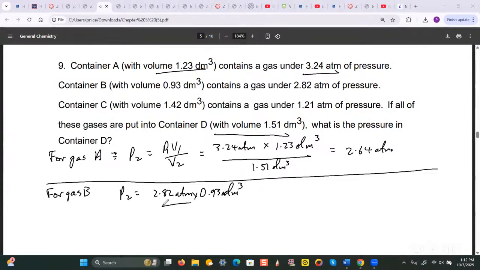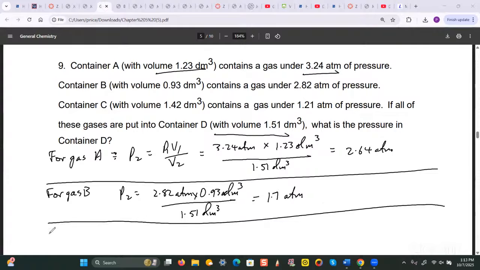And then what is V2? 1.51 dm³. So let's see what this gives. 2.82 times 0.93 and then divided by 1.51. This would have to be rounded to two sig figs, so that would be 1.7 atmospheres. Okay, so that's for gas B.